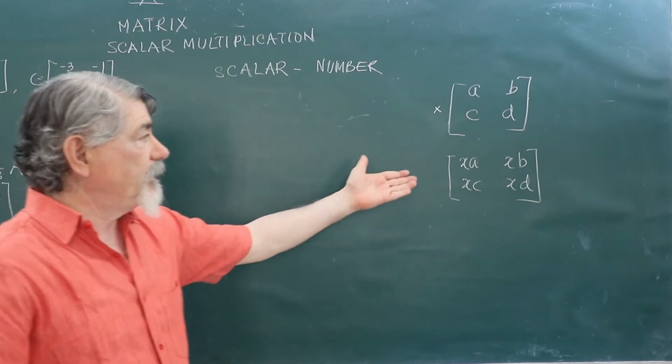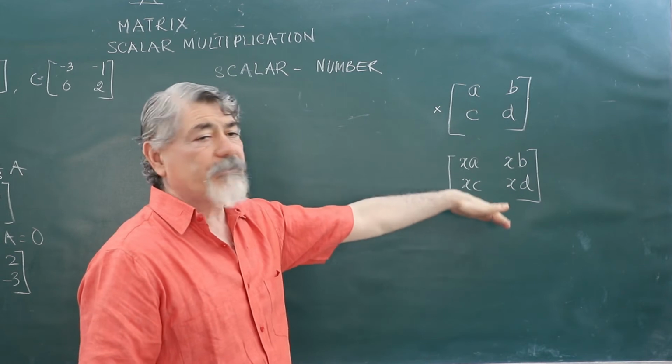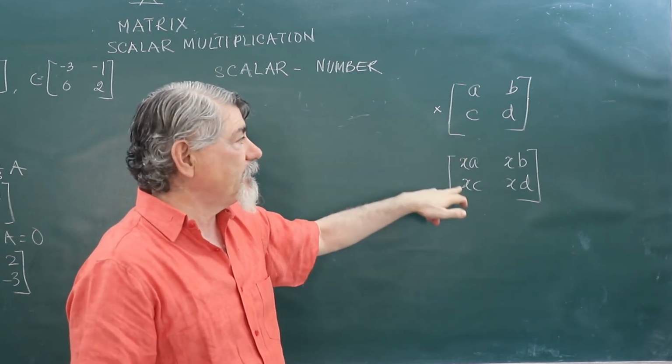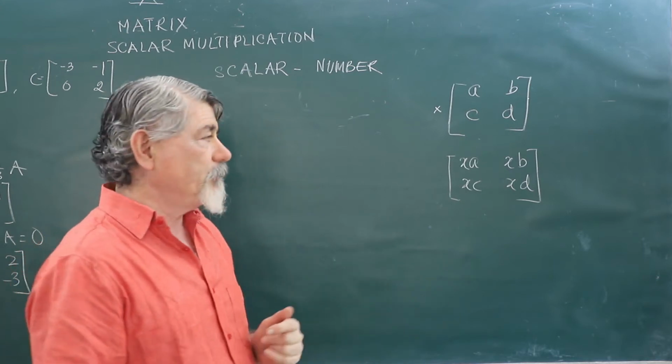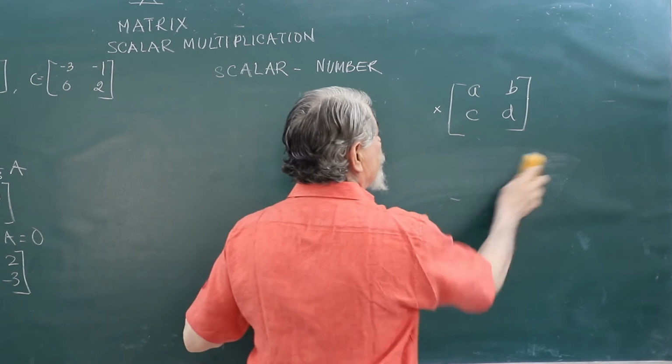So you will get the matrix xa, xb, xc, xd after multiplying it with the scalar x, where x is a scalar, x is a number. Let us take a few examples to make it more clear to you.